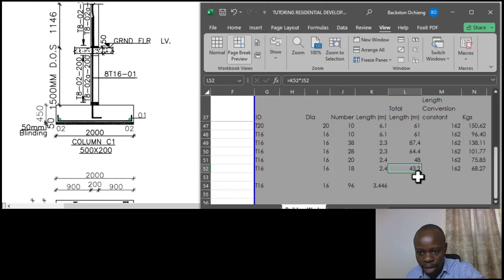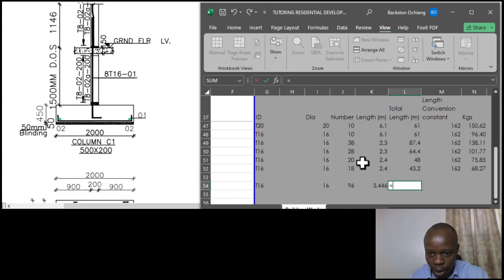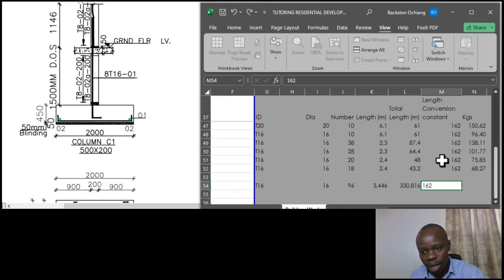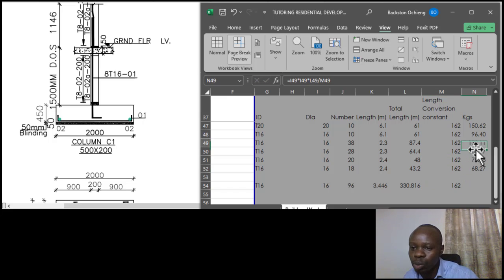Then we go to the total length. Total length, as usual, we just take the length of one of the bars, and then you multiply by the number of bars that you have. So the total length comes to that. Conversion factor is still 162, and for the kgs we are going to maintain this formula.